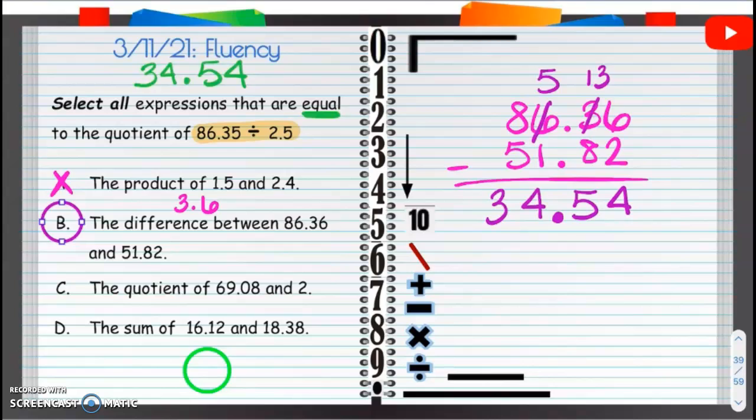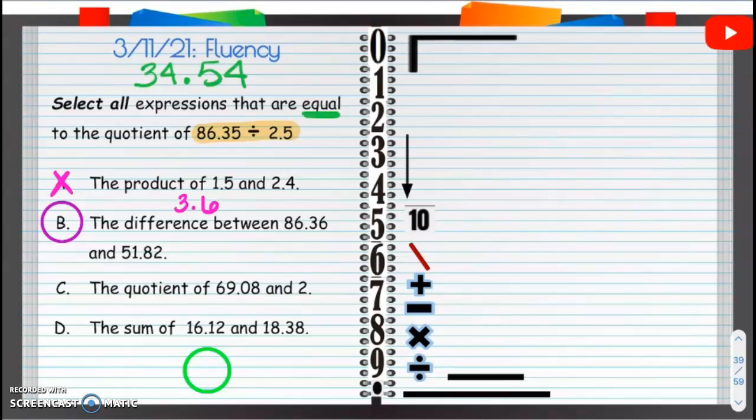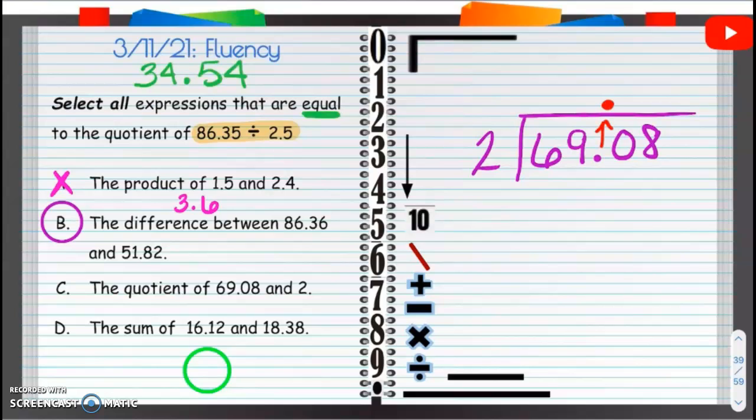All right, let's check out the last two. So the quotient: 69 and 8 hundredths divided by 2. We are able to just pop that decimal up because this is already a whole number on the outside. 2 can go into 6 3 times. 2 times 3 is 6. We subtract, we get 0.